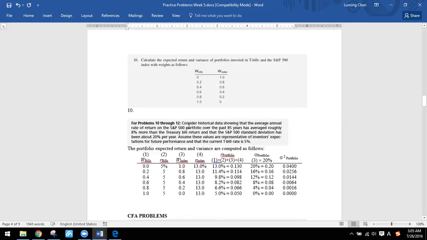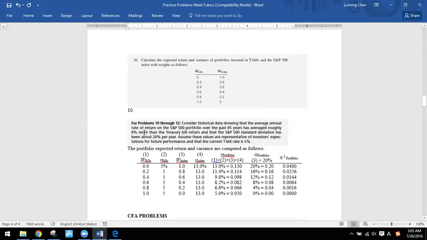So we consider the S&P over the past 85 years expected return is 8% more than Treasury bill return, and the Treasury bill return is 5%.